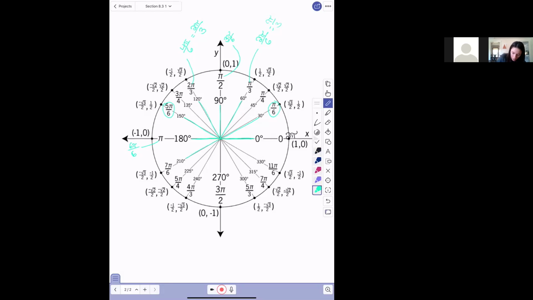So we'll have here, this is 7 pi over 6. Here becomes 8 pi over 6. Adding on this 6, becomes 9 pi over 6. Here we have 10 pi over 6. And here we have 11 pi over 6. Does that make sense?